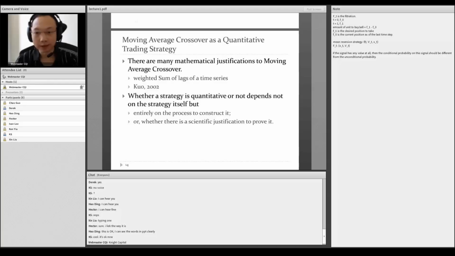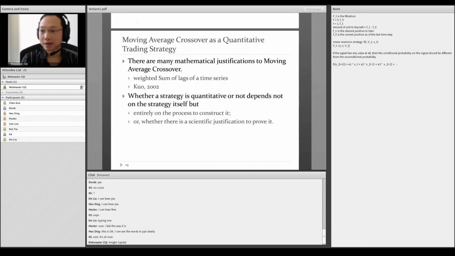For example, the expectation of x_{t+1} is a summation of, say, a1 times x_t plus a2 times x_{t-1} plus a3 times x_{t-2} plus and so on. Now if you look at this, this is the weighted sum of the lags of a time series.